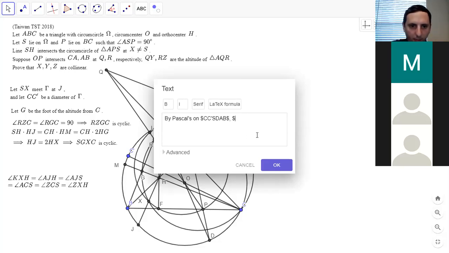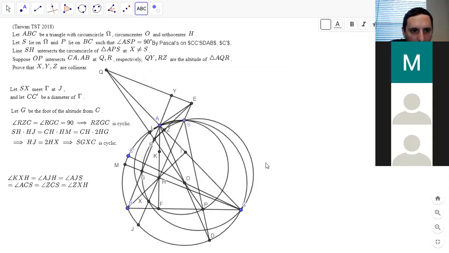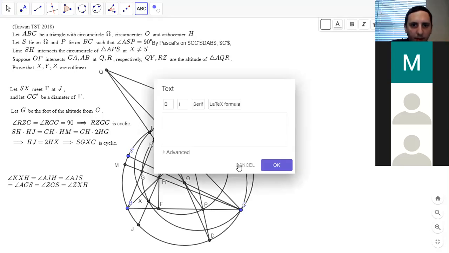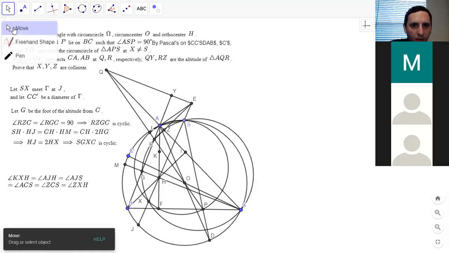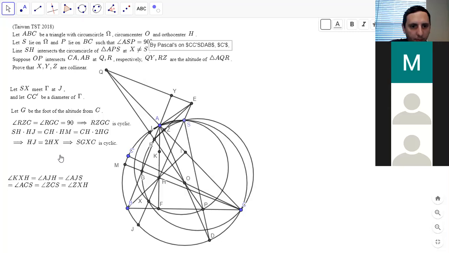I'm sorry, C prime, R, and S are collinear. Sorry, my bad. So Pascal's theorem says C prime, R, and S are collinear.